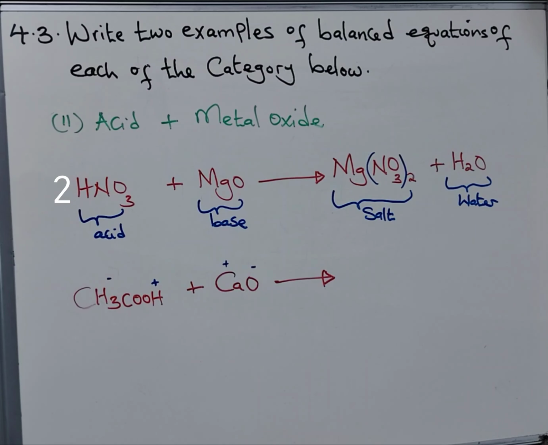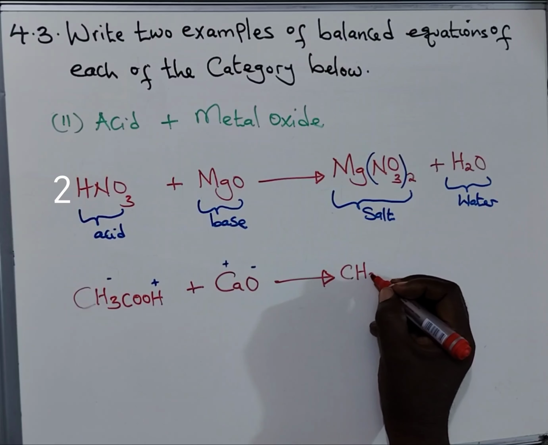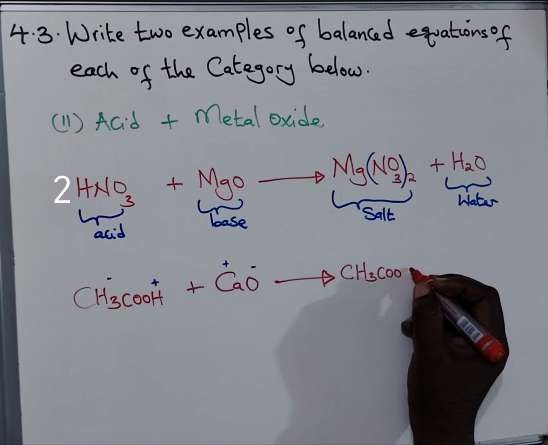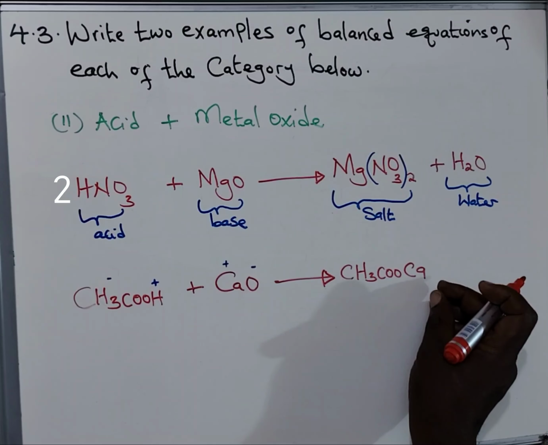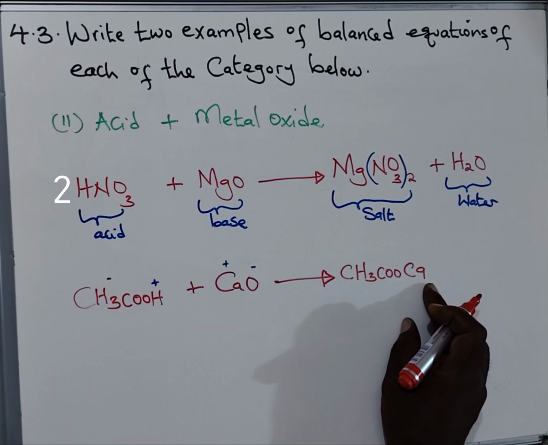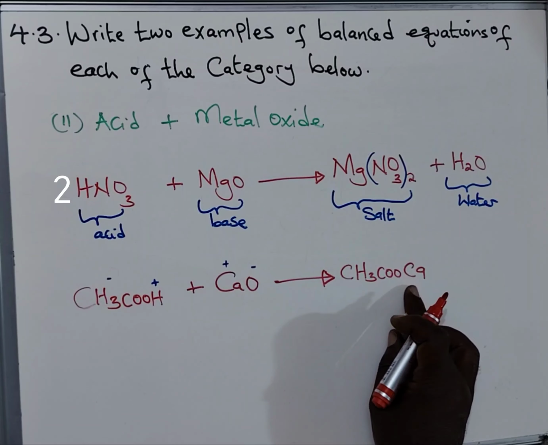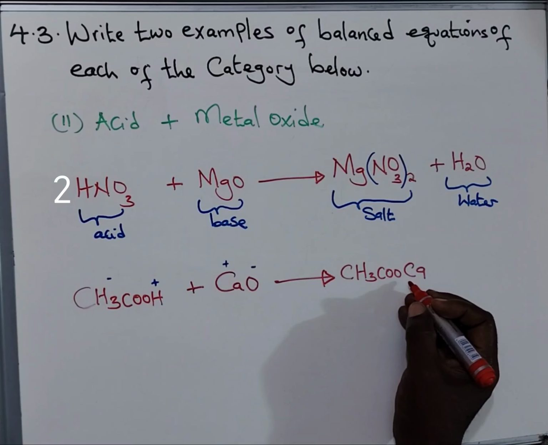We are going to say CH3COO. But here you have to remember that calcium has valence 2 and the ethanoate ion has valence 1. So after exchanging the valence, what are you going to get? You're going to have a 2 here.